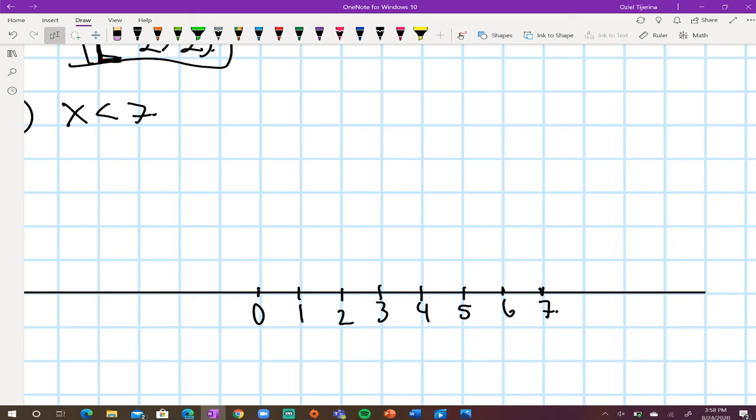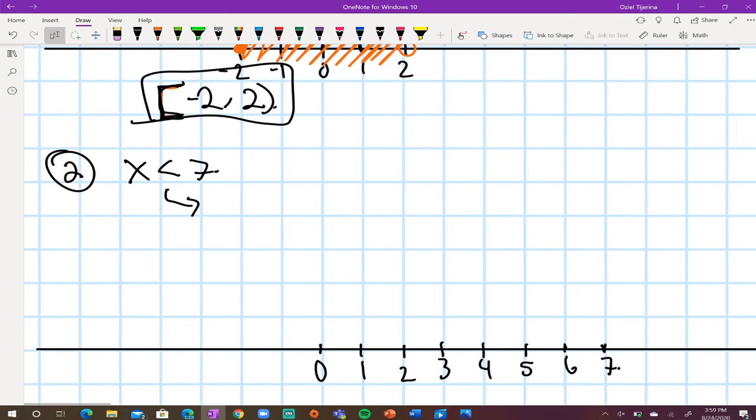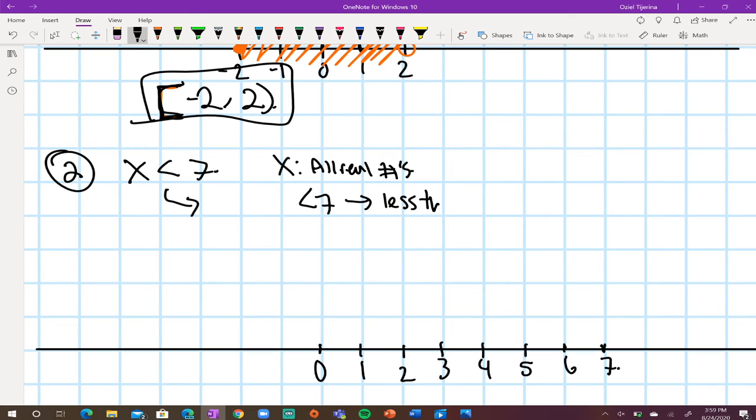So when you see this, you can look at x as all real numbers, and then less than 7 is just less than 7. So this implies that it's all real numbers less than 7, okay?